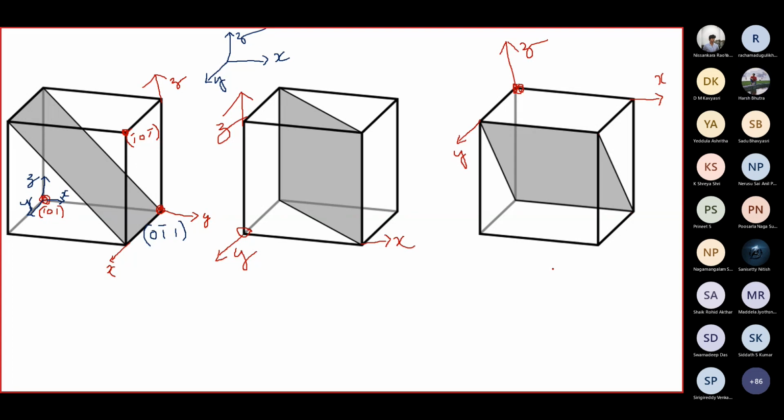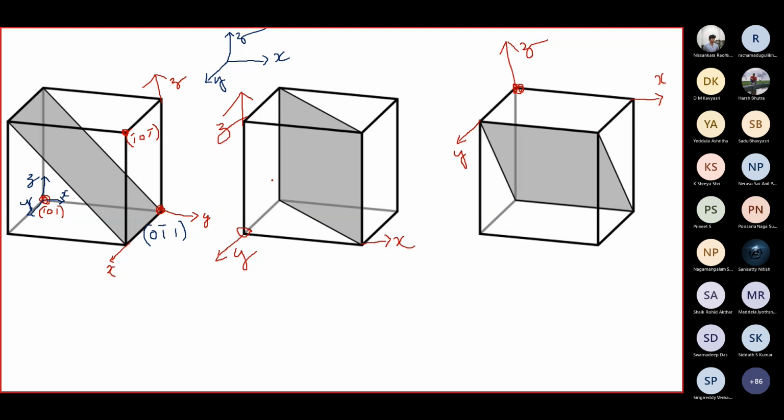100. See here, this is parallel to the z-axis. It cuts the x-axis at 1 and the y-axis at -1. So 1, 1 bar, 0. No comma here.